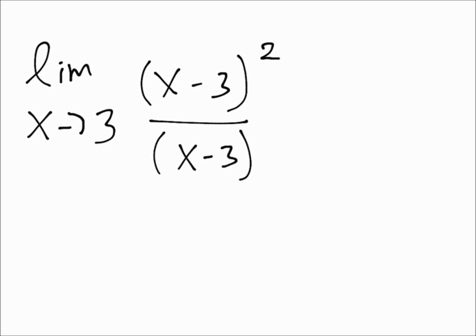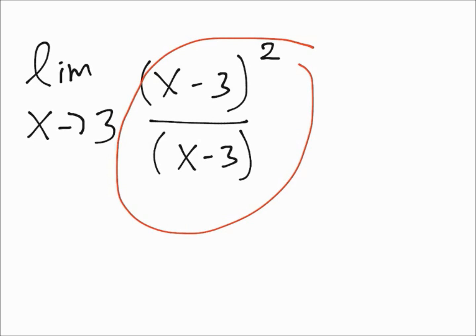Solving limits is pretty simple. You pretty much just want to simplify it as much as you can and then just apply the limit. So x will approach 3 when all of this cannot be simplified anymore.